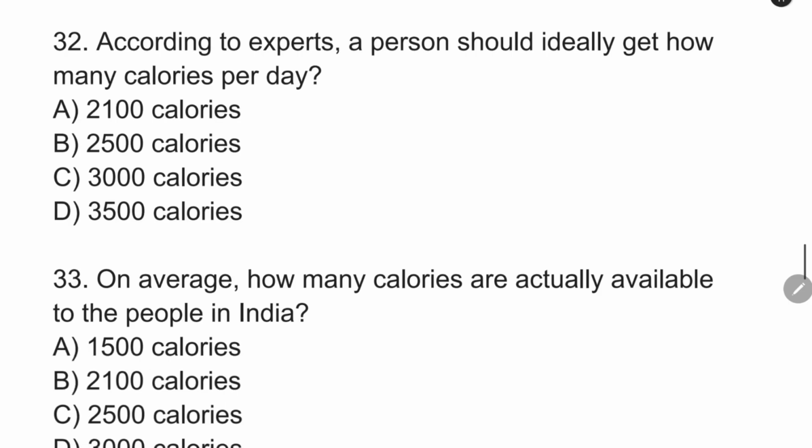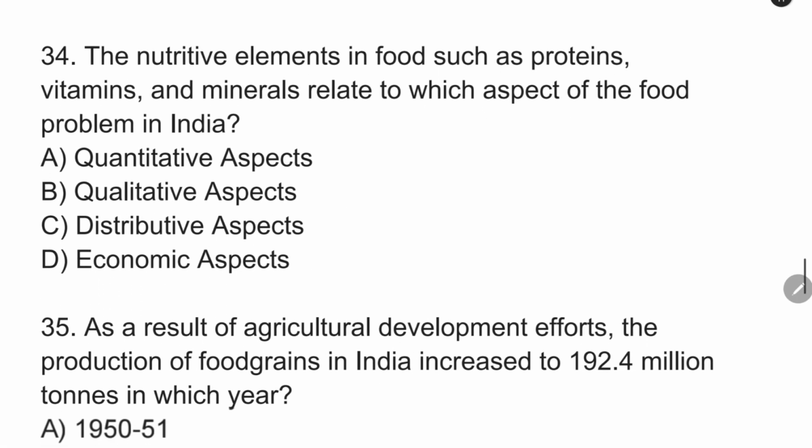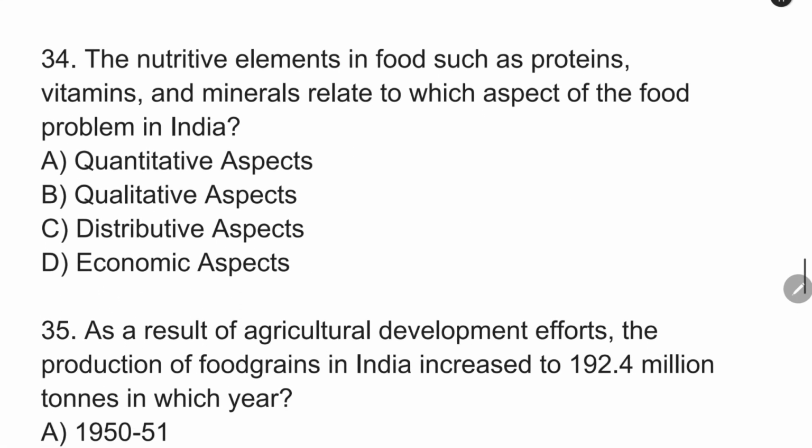According to experts, a person should ideally get how many calories per day? 3000 calories. And on average, how many calories are actually available to the people in India? 2100 calories. The nutritive elements in food such as protein, vitamins, and minerals relate to which aspect of the food problem in India?